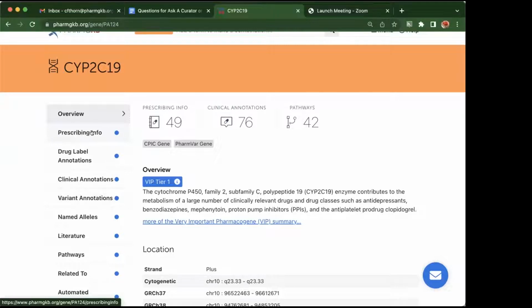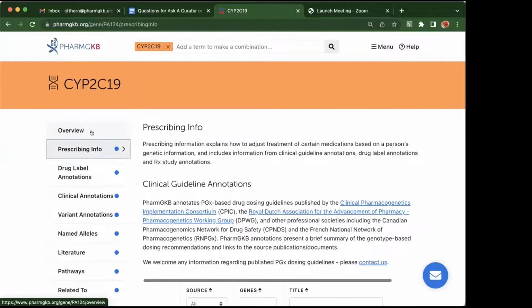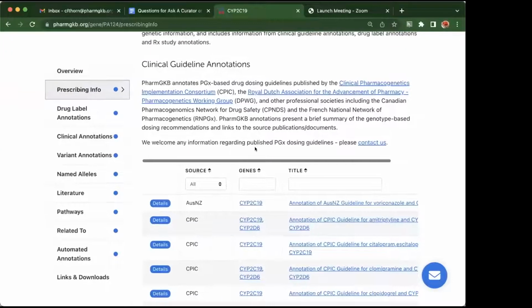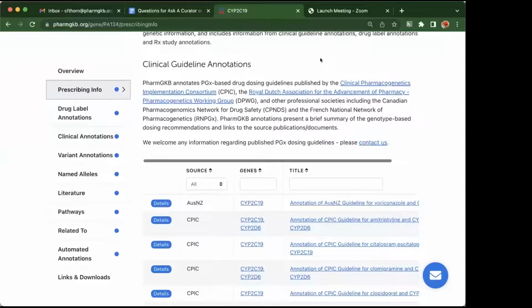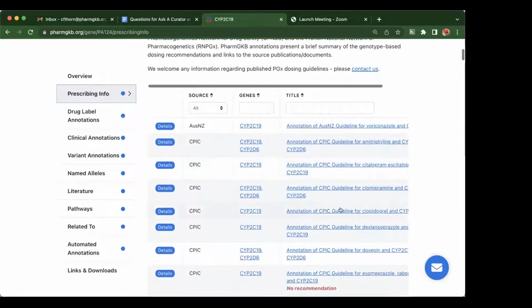guidelines. So there was a question from someone about guidelines, very specifically about combining guidelines. At the moment we don't have anything about combining guidelines. What you can do is go to each one and get the individual haplotype-based advice for that guideline.